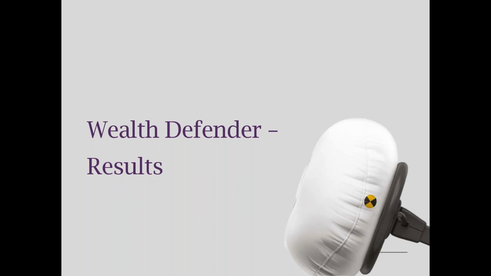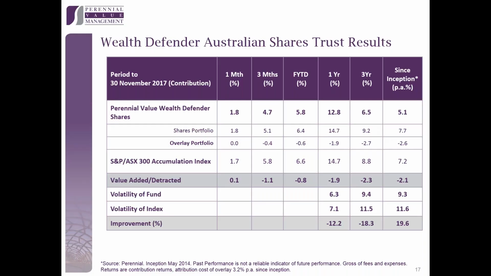And in terms of the results for Wealth Defender so far, we'll talk about a couple of the moves down we've seen in markets, but on the chart, you'll see here, chart 17, that over the since inception period of about 3.5 years, Wealth Defender's up about 5% in a market that's up about 7%.